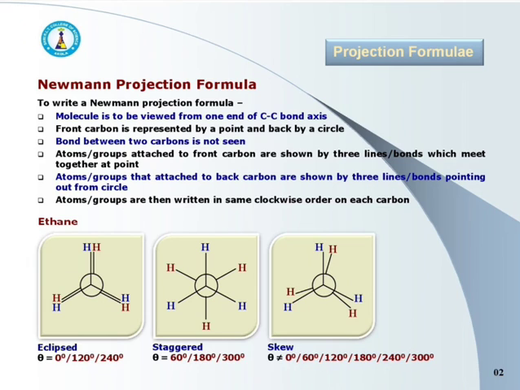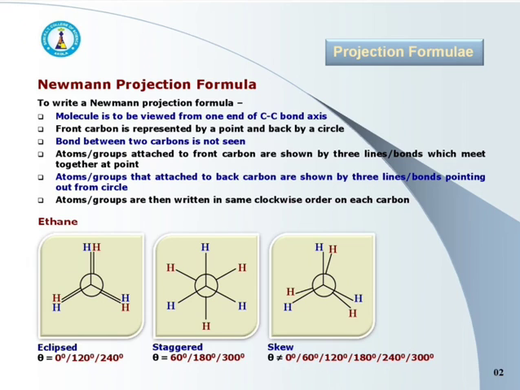Next, the atoms or groups attached to the back carbon atom are shown by three lines or bonds pointing out from the circle. After that, all the atoms or groups attached to front and back carbon atoms are written in the same clockwise order as on each carbon atom.